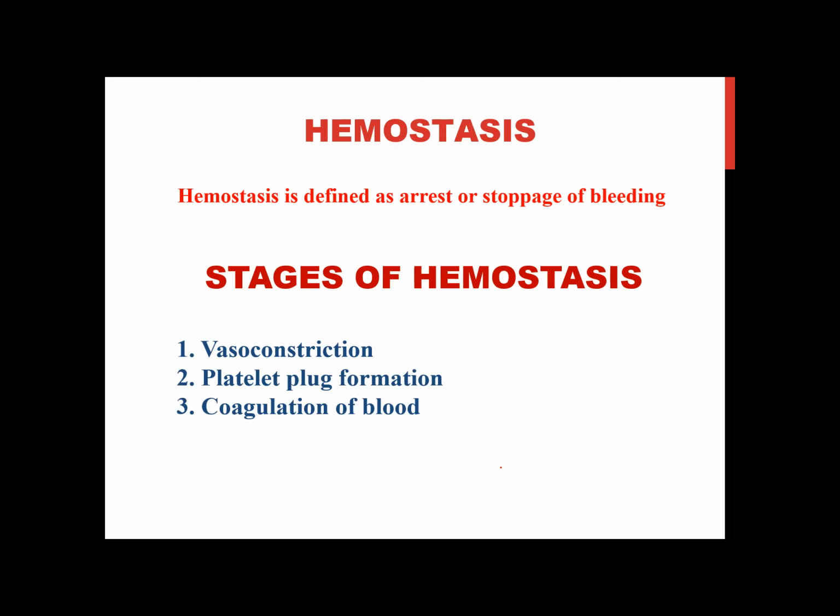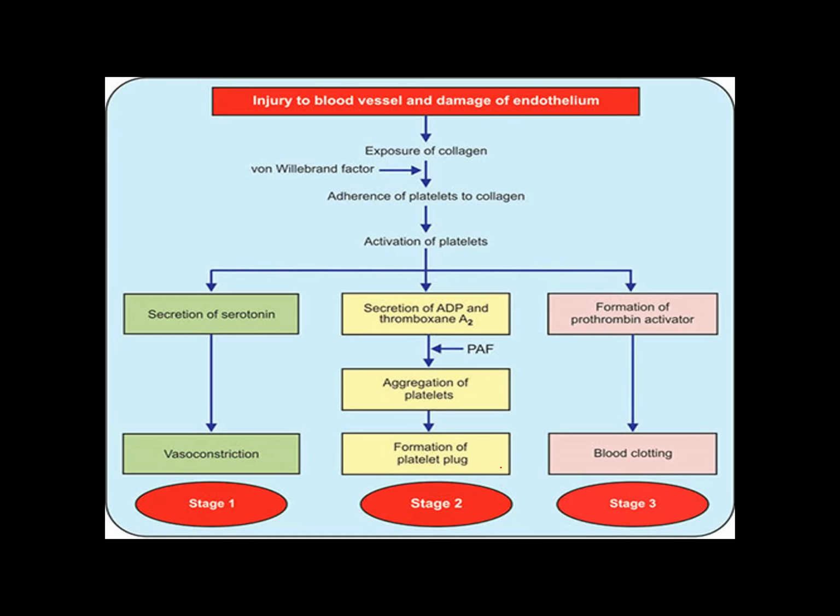Stages of hemostasis. So, your platelets are involved, class, in vasoconstriction, platelet plug formation, and coagulation of blood. Then this is the process of how your platelets respond in cases of injury to a blood vessel.